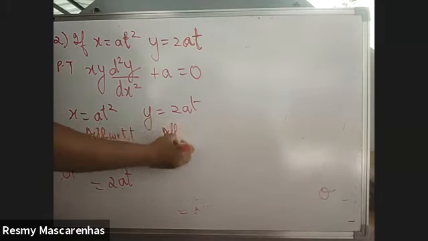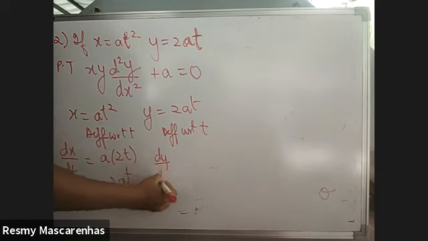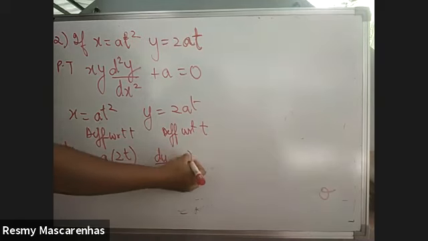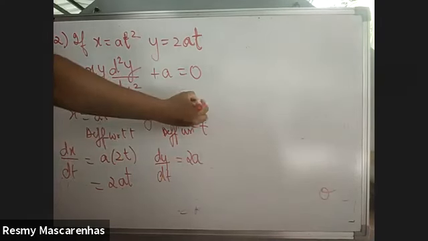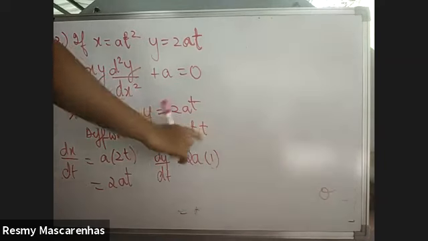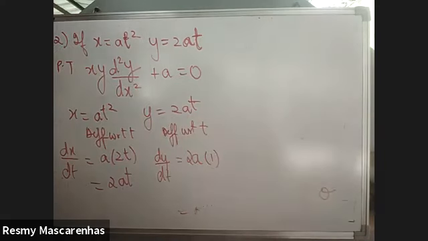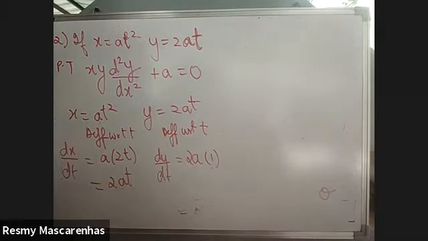Again differentiate this also with respect to t. dy upon dt will be 2a, which will be a coefficient, both are numbers. Derivative of t will be 1. Okay, so t and t matching, no need to write extra dt and all.